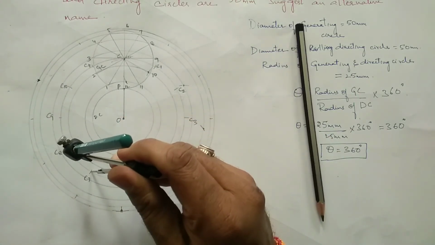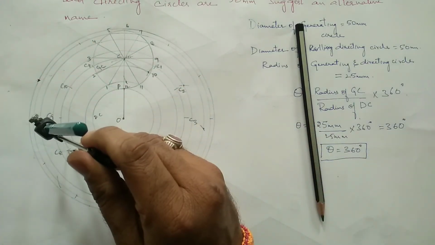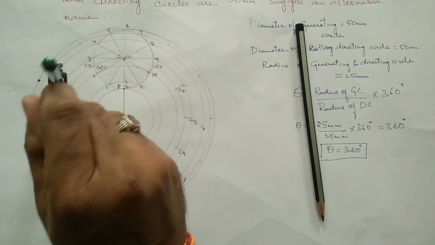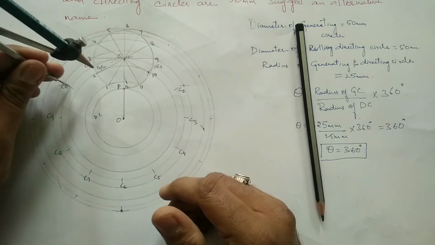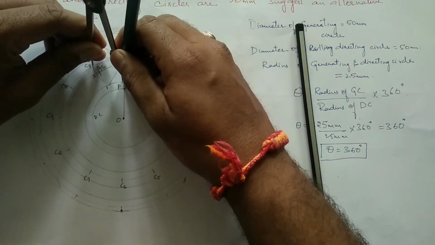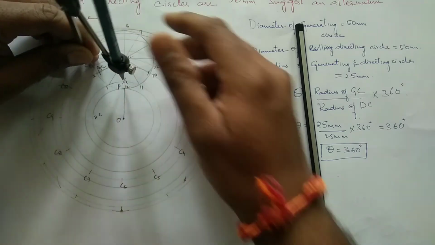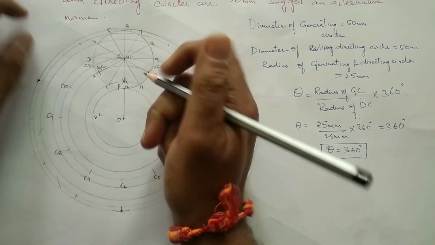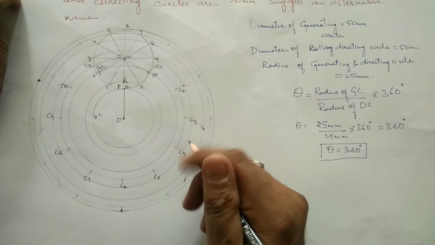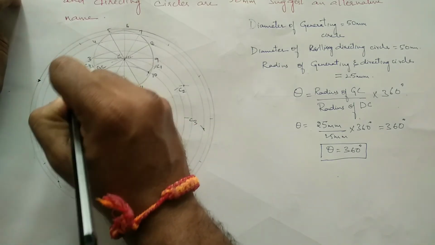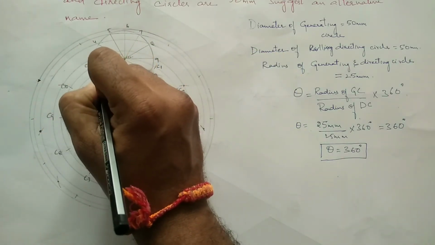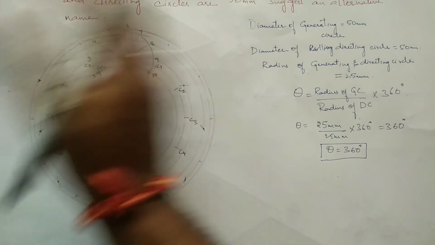C7 as a center, seventh arc, C8 as a center, eighth arc, C9 as a center, ninth arc, C10 as a center, tenth arc, and C11 as a center, eleventh arc. Mark the necessary points where they join.